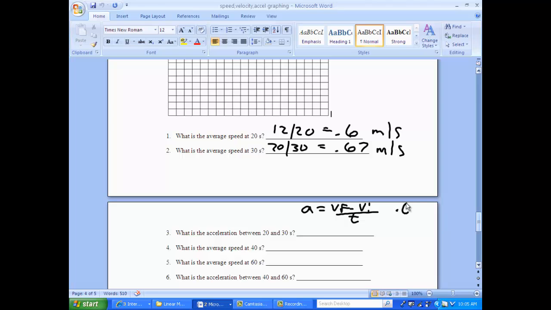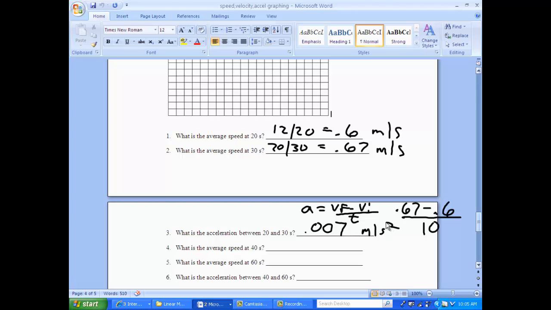So it's going to be 0.67 minus initial velocity, if we're talking about 20 to 30 seconds, is 0.6. The time between those two is what? Yeah, 20 and 30 seconds is 10. So it's going to be 0.07 divided by 10. It comes out to be what?